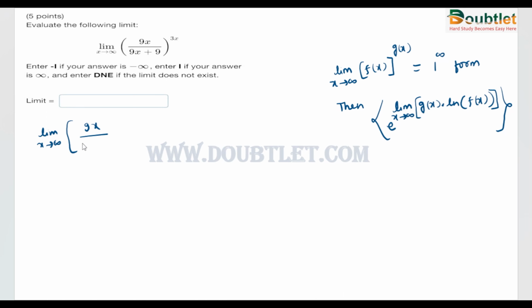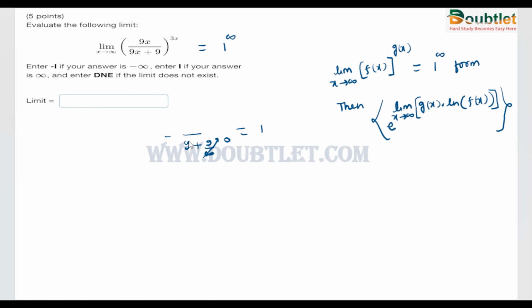If we take x common from here, it will become 9 plus 9 by x. So we can cancel x by x. What it will become: 9 upon 9 plus 9 upon infinity, so it will become 0, so it will become 1. So this is the form of 1 to the power infinite, because 3 into infinite is infinite.